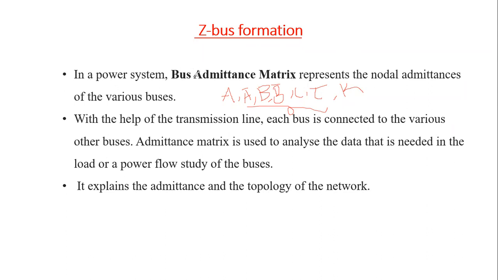In a power system, the bus admittance matrix represents the nodal admittances of various buses. The procedure for obtaining the Z bus or the Y bus matrix in any form of reference requirement matrix includes inversion and multiplications.